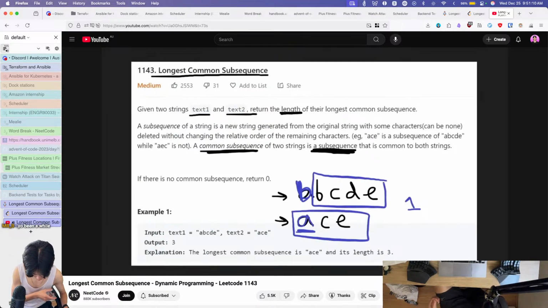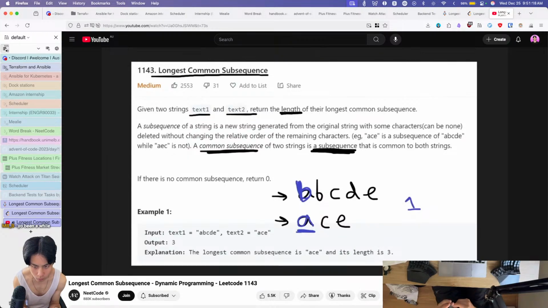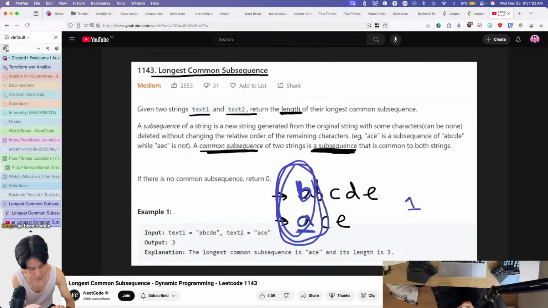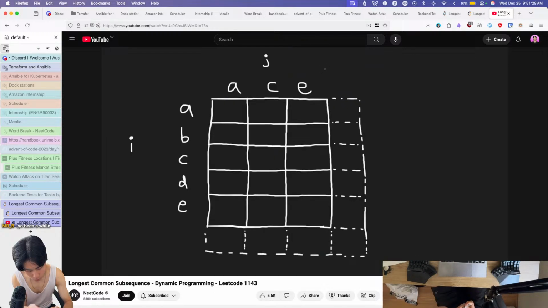So this is just a little bit of an explanation before I show you the actual dynamic programming solution. Basically, what we found out is that based on comparing the first two characters, whether they're equal or not equal, we can break up the problem into subproblems and then solve those subproblems. So take a look at what I just did.